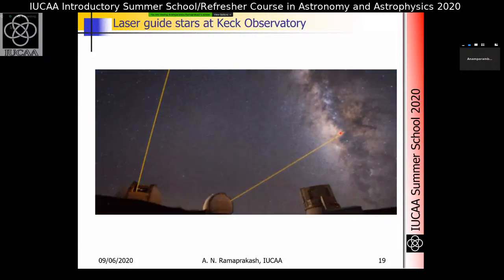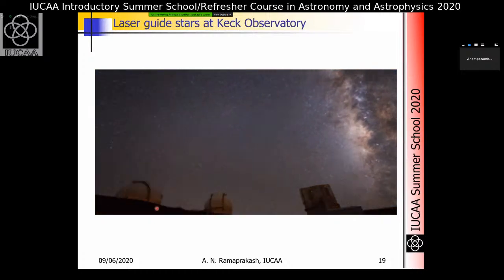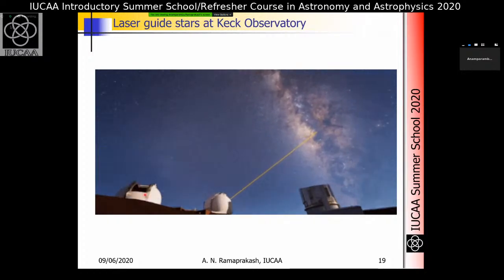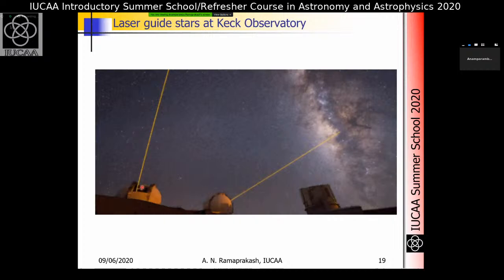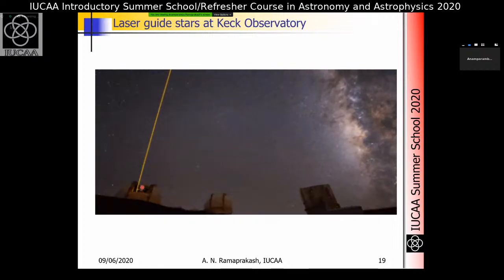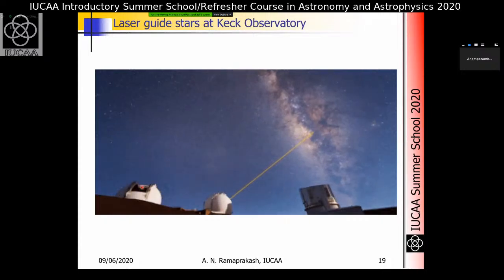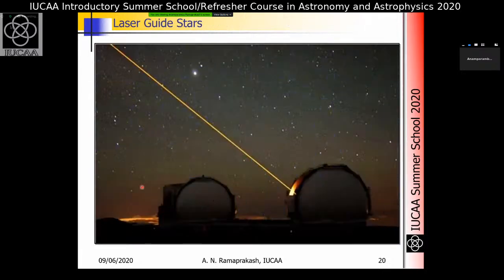You are studying this object in the sky with this telescope, and another object with this telescope. So you're shooting lasers into the sky, creating artificial guide stars, and using that to compensate for the atmosphere-introduced distortion. This is just another image of the same.